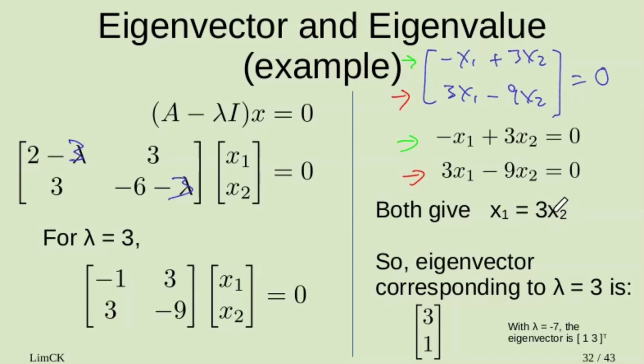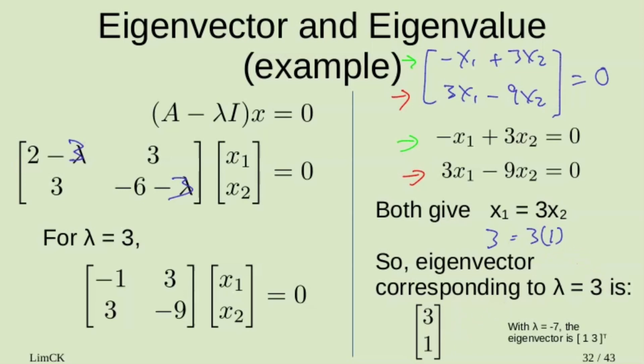If I choose x2 as 1, then x1 is equal to 3. So you can choose 3, 1, that is 3 for x1 and 1 for x2, to be the corresponding eigenvector for lambda equal to 3.